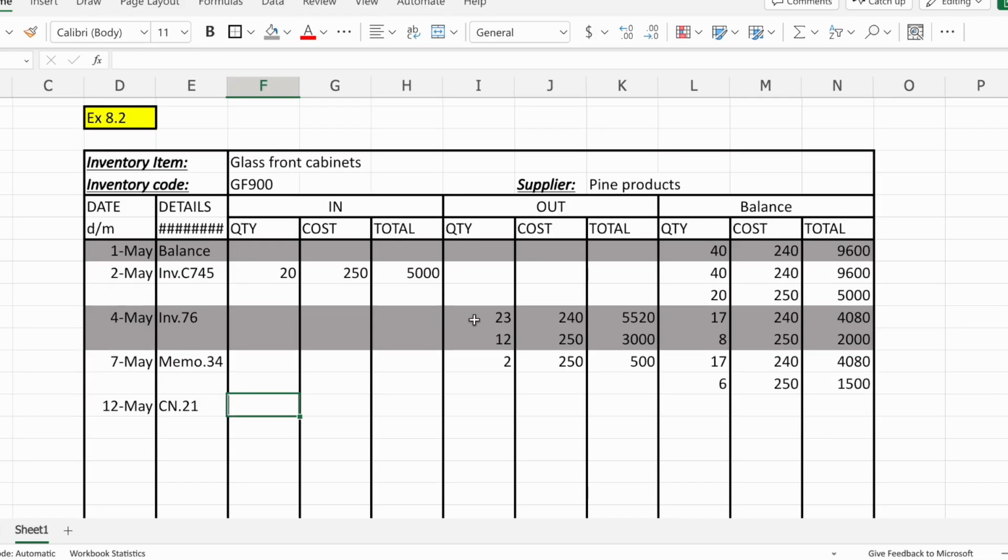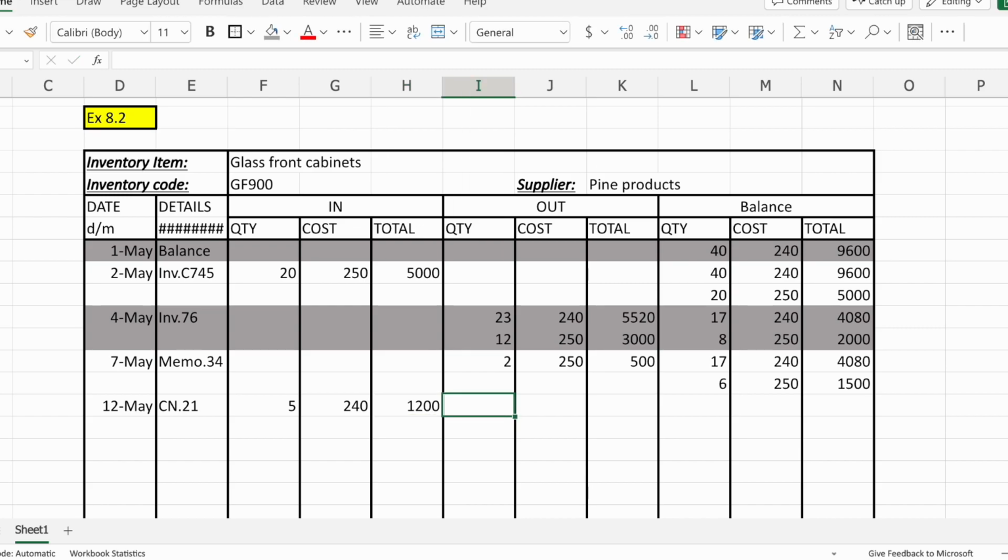So we have 5 going back into the business because the external business returned 5 to our business. We get 5 more because it's a return. 5 times 240 is 1,200.